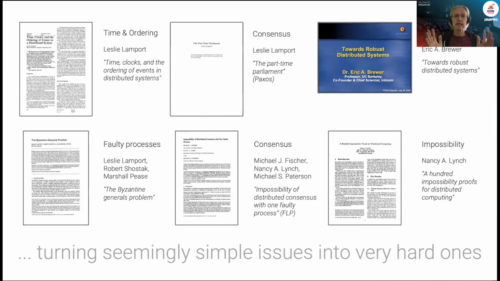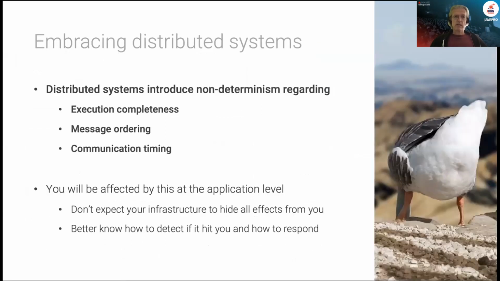Across process boundaries, it can be an unsolvable problem. Or consensus: what's the current value of variable X? We wouldn't even think about this question inside a process boundary, but across process boundaries it can be an unsolvable problem, and so on. So to wrap that part up, distributed systems means that you get some non-deterministic behavior which affects you in terms of execution completeness, message ordering, communication timings, and some other things.